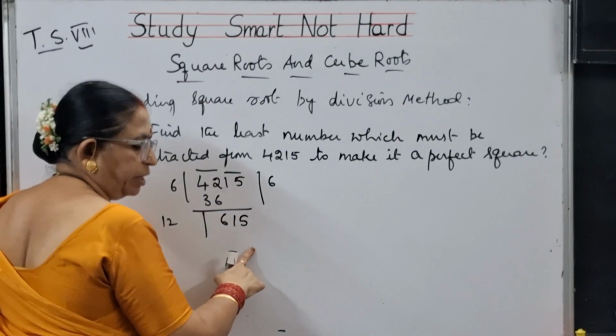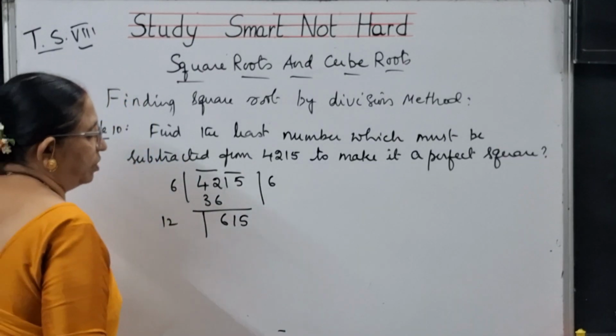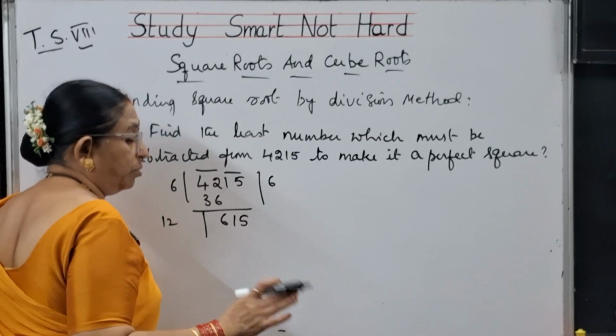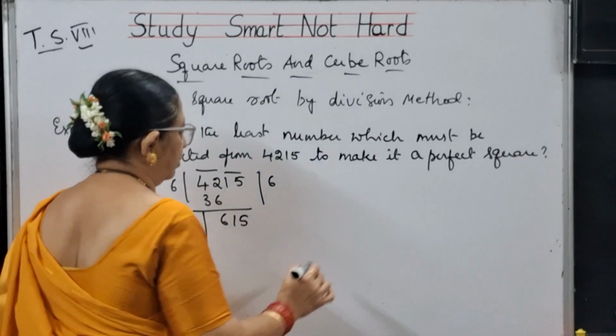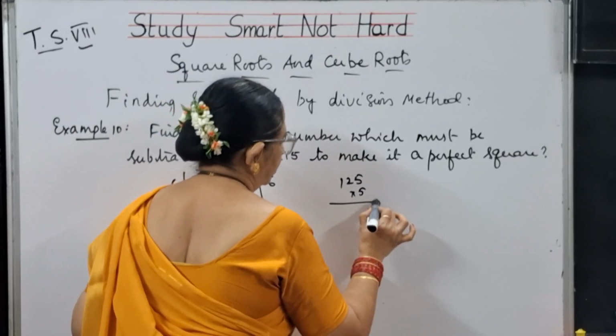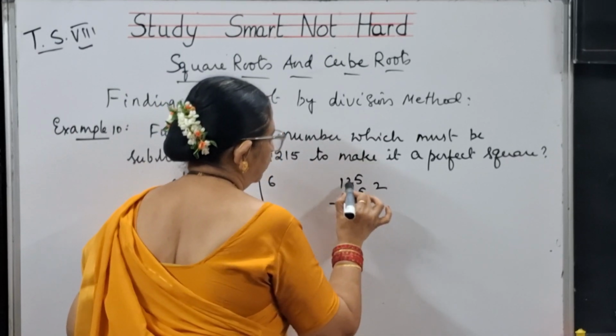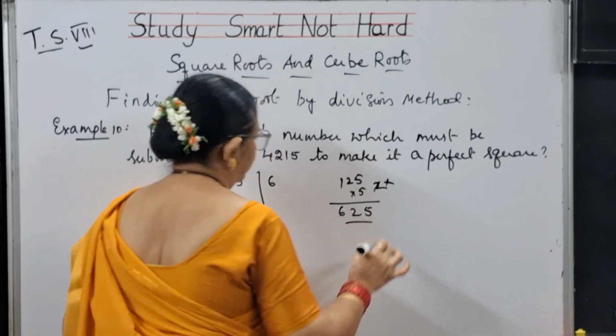So 5 you will be getting only when you multiply by 5. 5 square is 25. There is no other number. Only for 5 you have a single digit number. So let us take 5. 1 2 5 multiplied by 5. 5 5s are 25, 5 2s are 10, 12, 5 1s are 5, 1, 6.